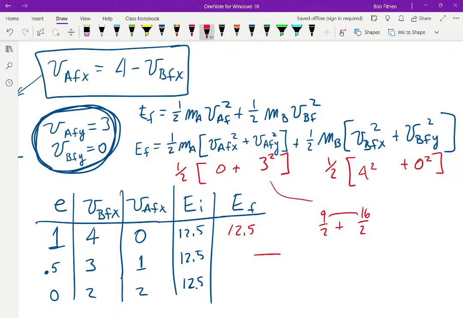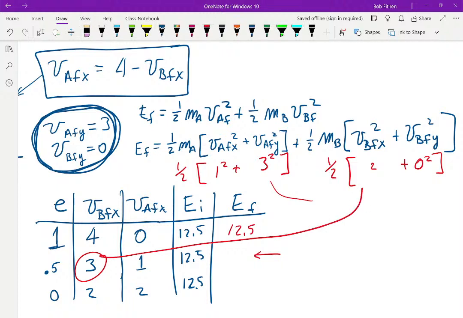Now let's look at this second row. I am looking at not a 0. VA final X is that. So I get a 1 squared, and then this one goes up here. Oops, what did I have? Oh, that must have been the squared term, 3 squared.